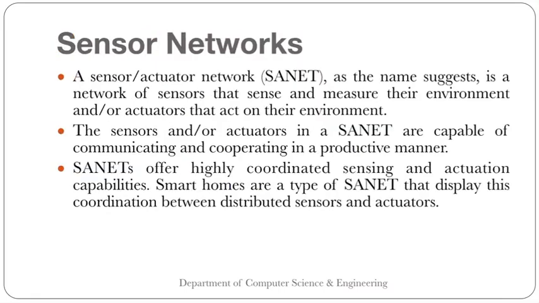Then we have sensor networks. A sensor or actuator network, that is SANET. As the name suggests, it is a network of sensors that sense and measure their environment and/or actuators that act on their environment. The sensors and/or actuators in a SANET are capable of communicating and cooperating in a productive manner.